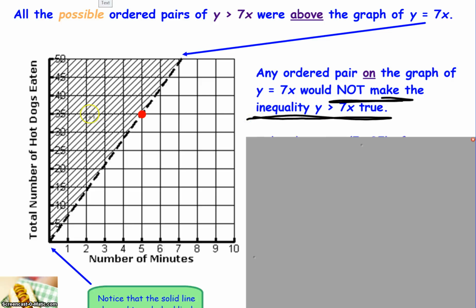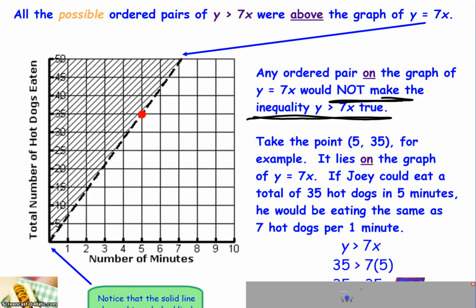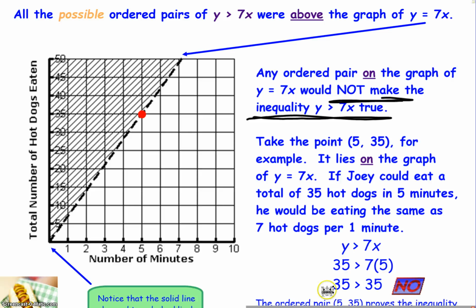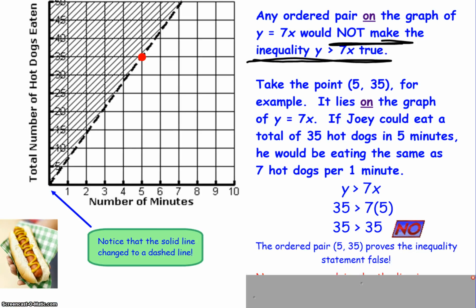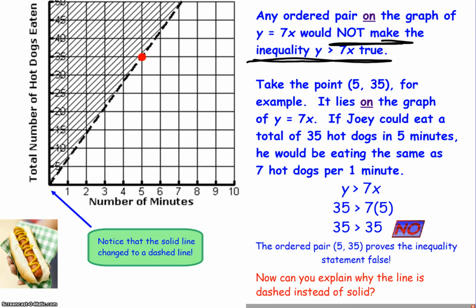So, 5, 35: is 35 greater than 35? No. So, this ordered pair proves the inequality is false. Now, can you explain why the line is dashed instead of solid? It has to do with inequality signs. We'll talk about that in just a second.